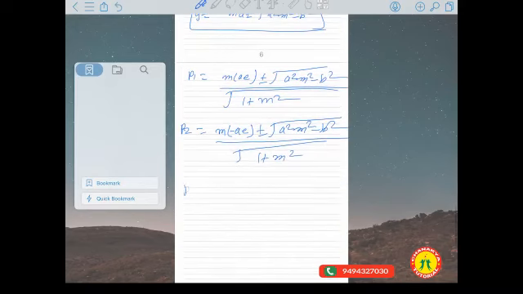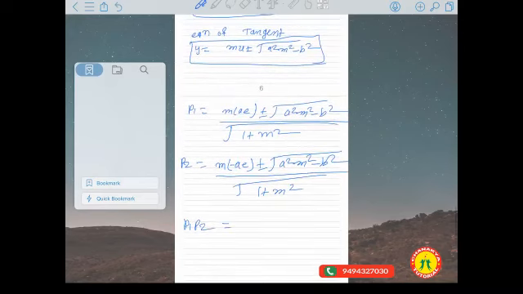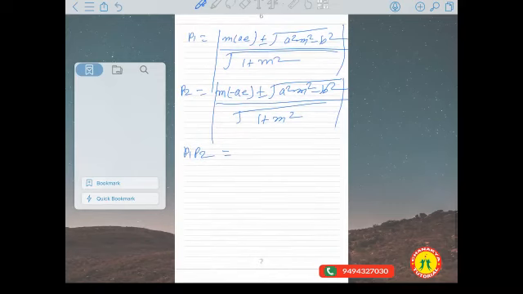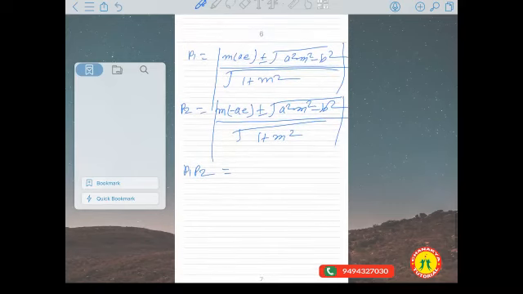So now we need to find P1 P2. Asking is what P1 P2. So do the product. If you do the product, get the answer and simplify that. So basically this is a mod, perpendicular mod, because distance is positive. So apply a square minus b square formula, right?